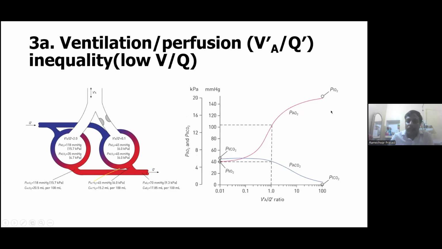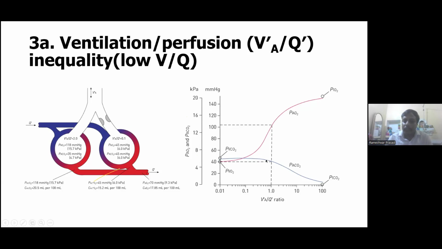This graph shows the relationship between ventilation perfusion ratio and PO2 and PCO2. Now, you see here, when the ventilation perfusion ratio is high or good, PO2 will rise. That means alveolar pressure will rise. Therefore, arterial oxygenation will also rise. However, there is a value below which, if the ventilation perfusion ratio comes down, PO2 will drastically go down.